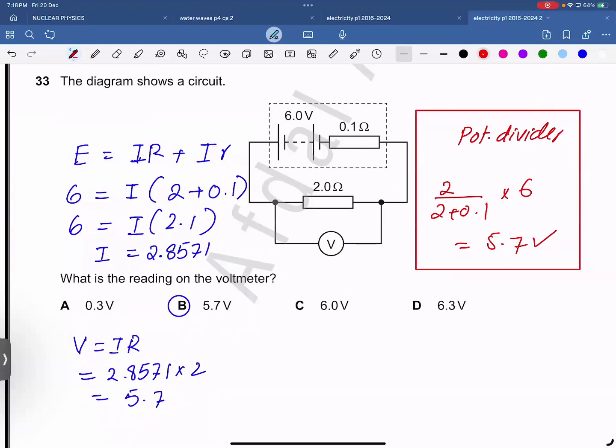Do the potential divider formula, my dear. This is easy. No need to do Kirchhoff's laws. Potential divider formula I used: R1 over R total times V total. Easy. It's B.